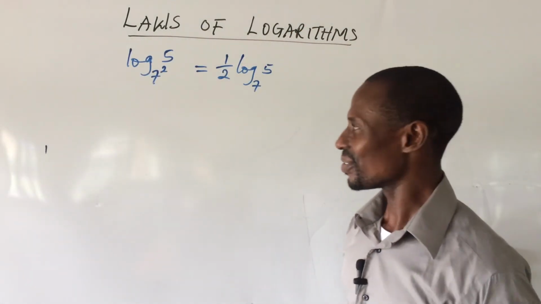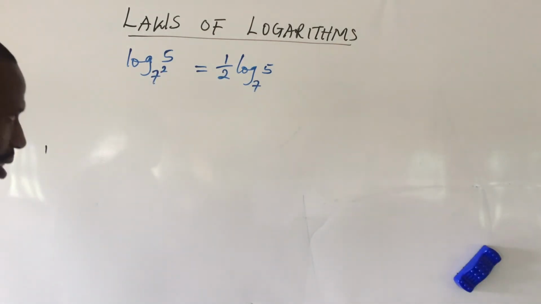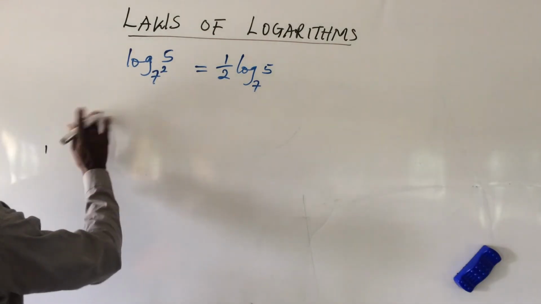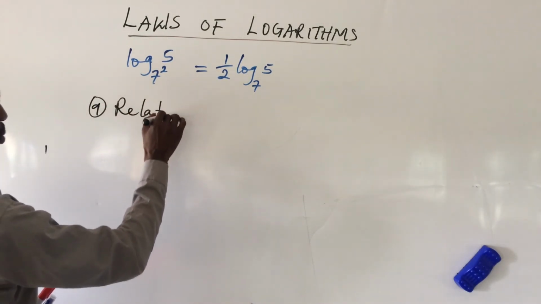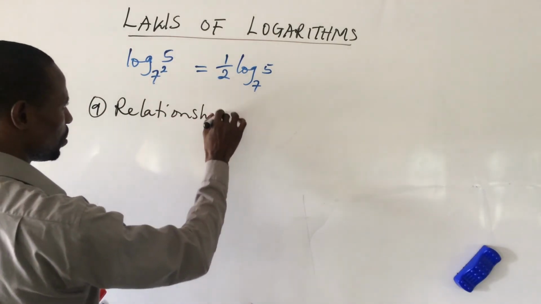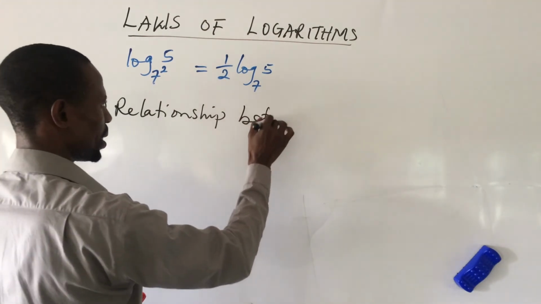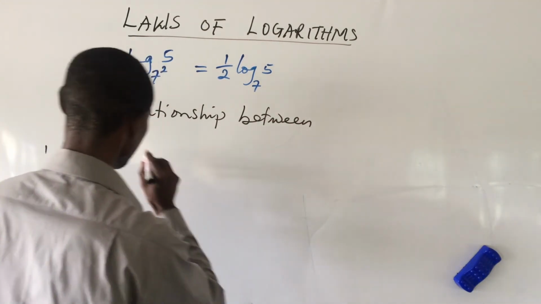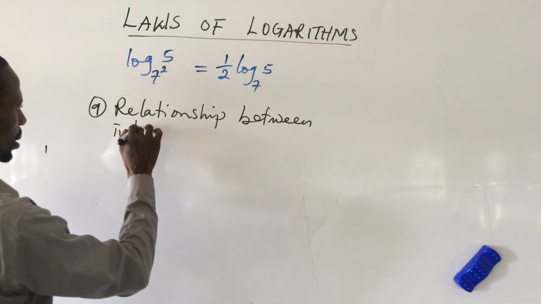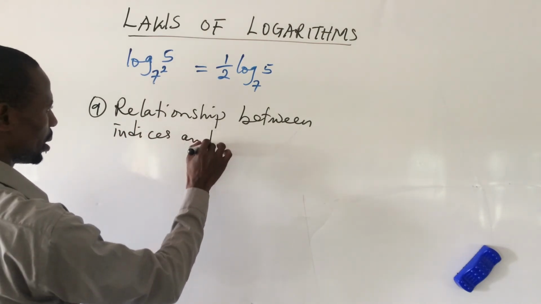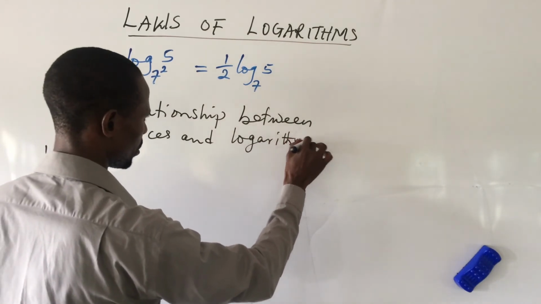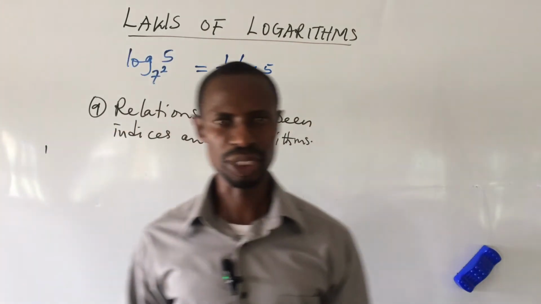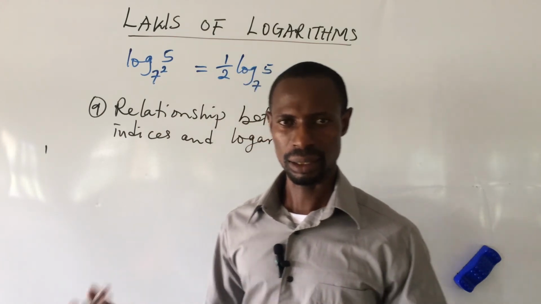The last one, which is not the least, is number 9, the relationship between indices and logarithms. There is a very strong relationship between indices and logarithm.